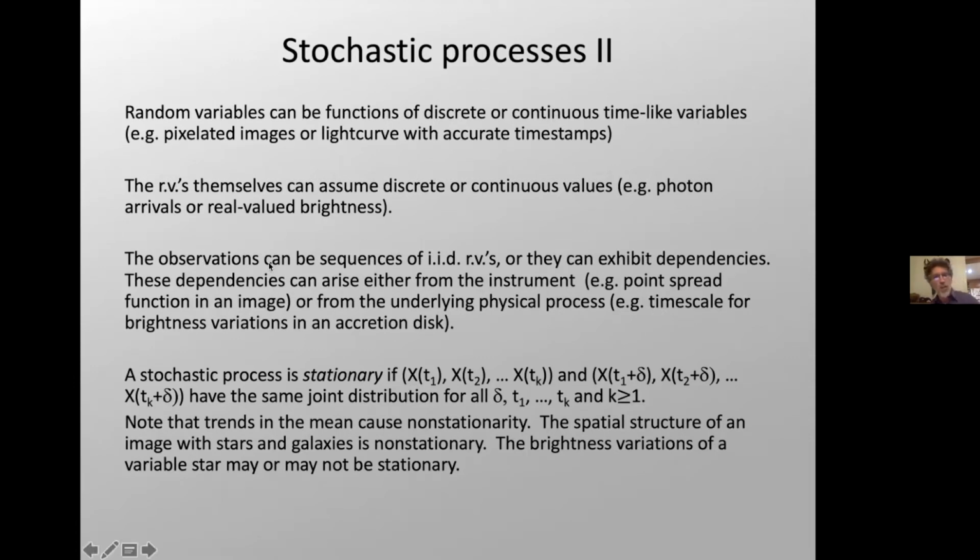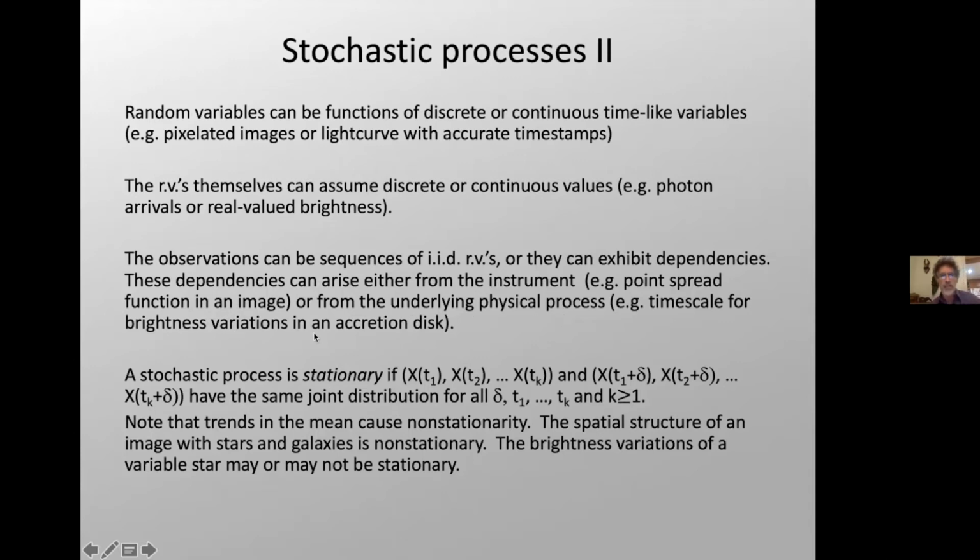Okay, so we now have sequences of IID random variables. This is the way statisticians talk: independent and identically distributed random variables. Okay, and they can be IID, but they can also exhibit dependencies. For instance, the point spread function of a telescope on an image means that there's dependence of adjacent points if there's any brightness coming through the telescope. Or it could be dependence from the underlying astrophysics of it all.